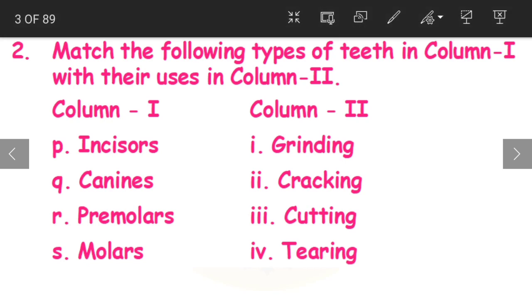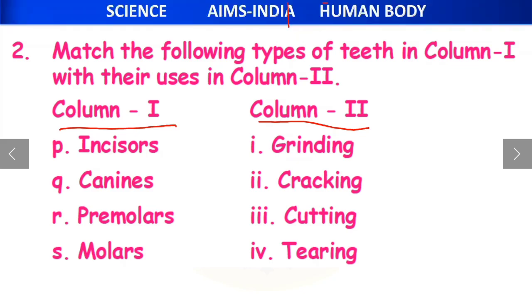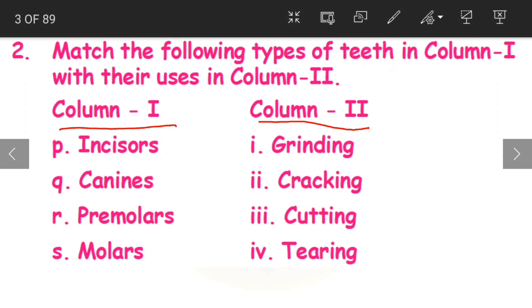Now the second question is, match the following types of teeth in column 1 with their uses in column 2. So you have got 4 types of teeth, children, in column 1, and what work they do, that is their function, is written in column 2. So we have to match. What do you have in column 1, children? You have incisors. So P is represented as incisors.